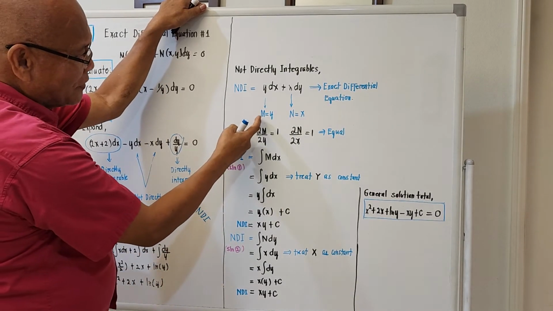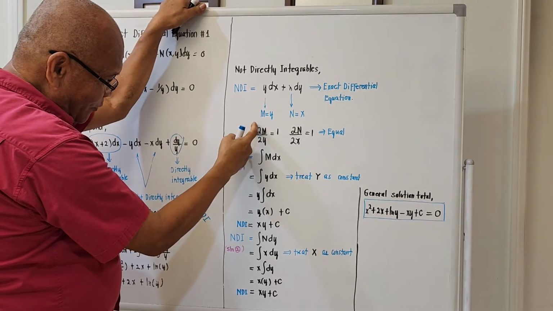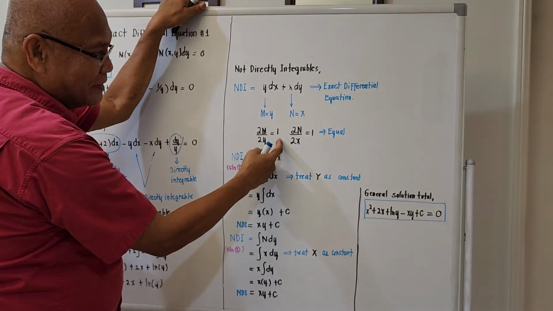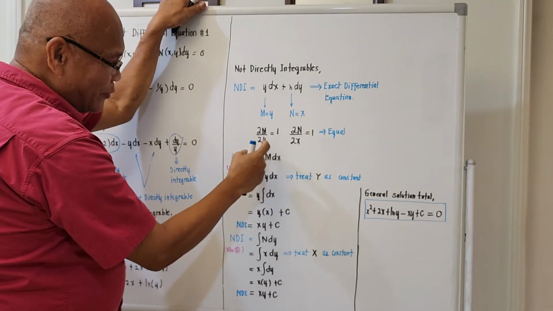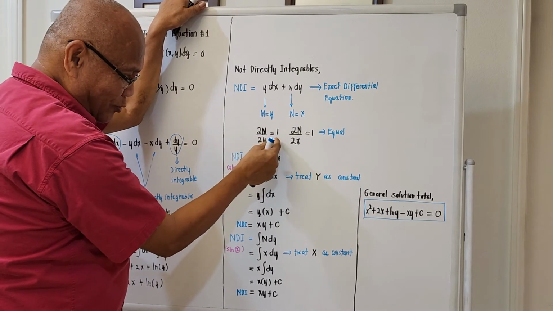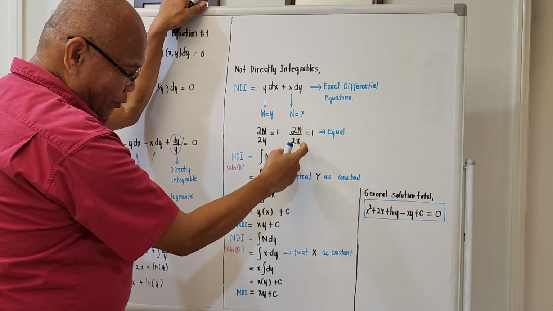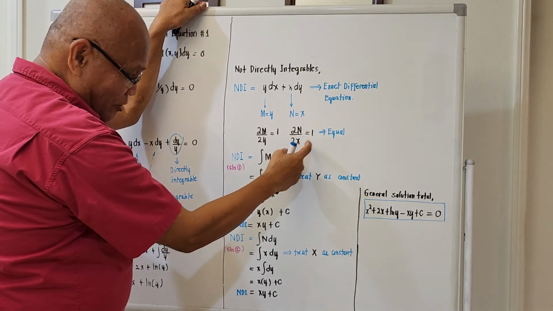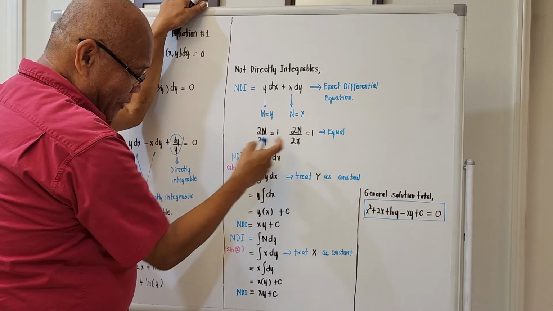If you take the partial derivative of M with respect to y, it equals 1, since we are differentiating with respect to y. For N equal to x, the partial derivative of N with respect to x is also 1, because we are differentiating with respect to x.